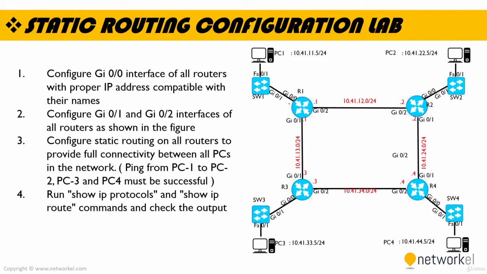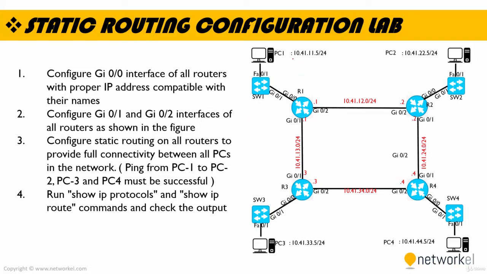Okay, let's go. Let's talk a bit about the topology too. We have 4 PCs, PC 1, 2, 3, and 4. We have 4 switches, switch 1, 2, 3, 4, and we have 4 routers, router 1, 2, 3, and 4. We have different networks.